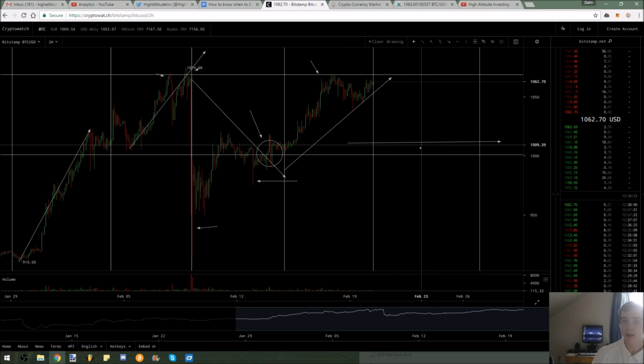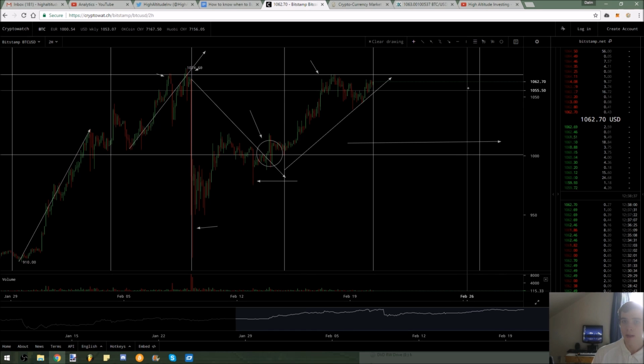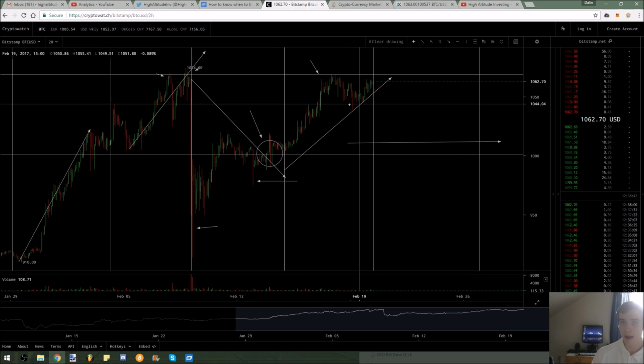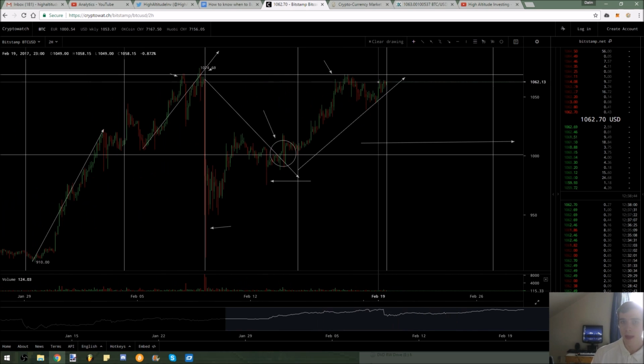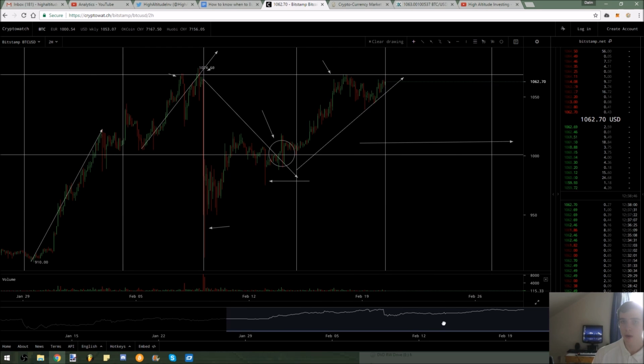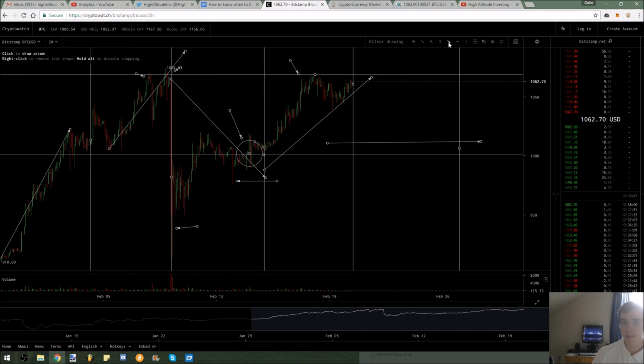So I'm going to set a buy order at $1,000, and then I'm going to set a sell order back up to the point that I am at right now. So I think that Bitcoin within a week will come here, test $1,000, and then I can set sell orders all along up this area, depending on how much you want to risk on your sell.